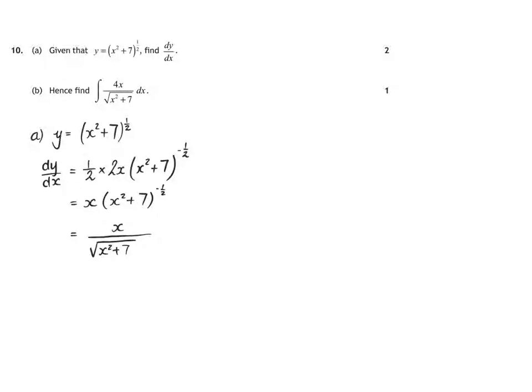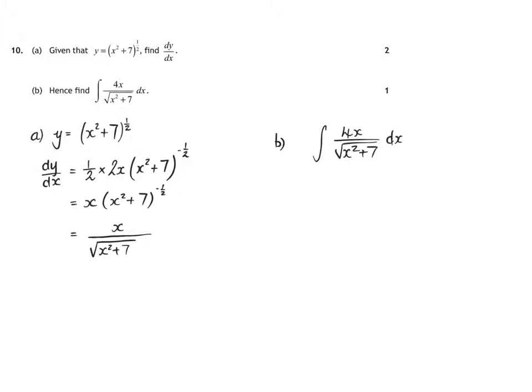Right, so for part B, we've been asked to find the integral of 4x over the square root of x squared plus 7 dx.